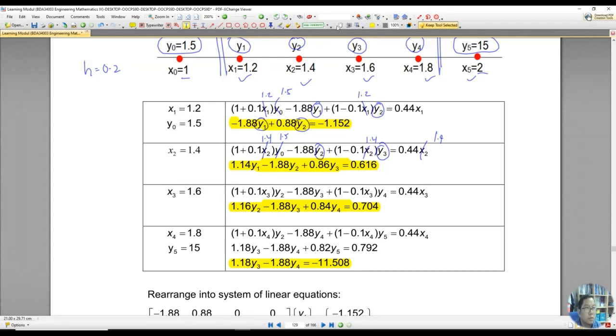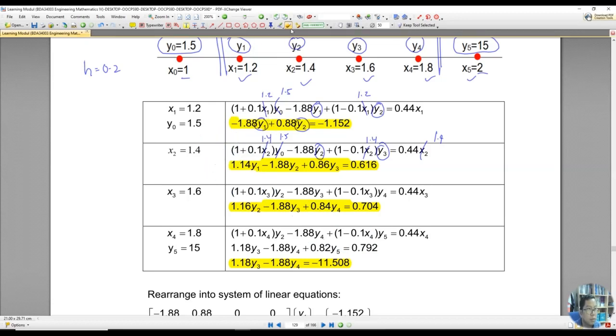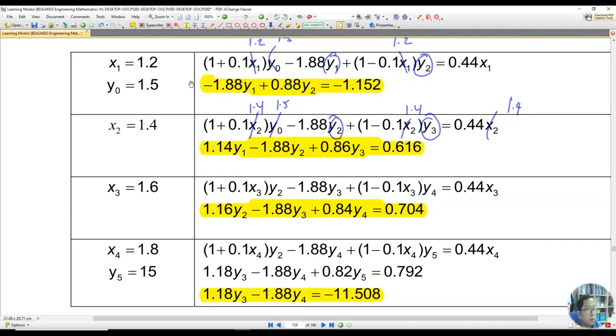If you see this, I zoom a bit bigger. From this iteration, we know only y1 and y2, but we don't have any y3 and y4.